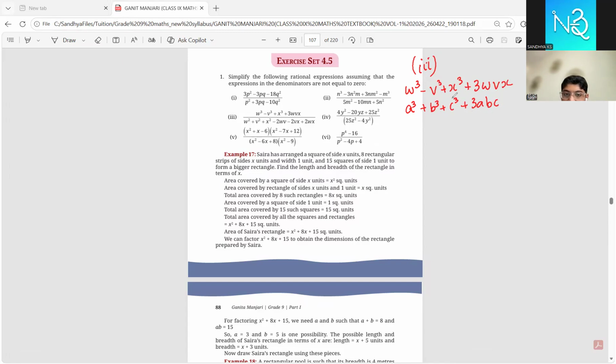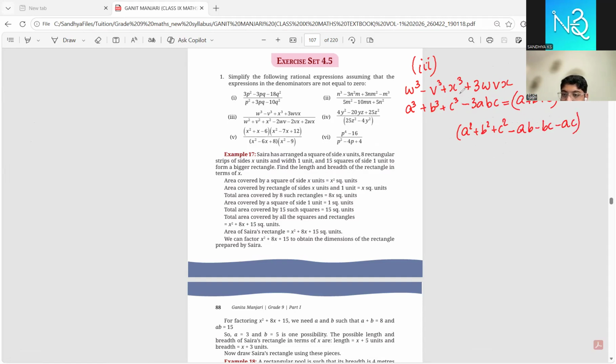So that identity you need to apply. a cube plus b cube plus c cube minus 3abc is equal to a plus b plus c bracket a squared plus b squared plus c squared minus ab minus bc minus ac. This is the identity.